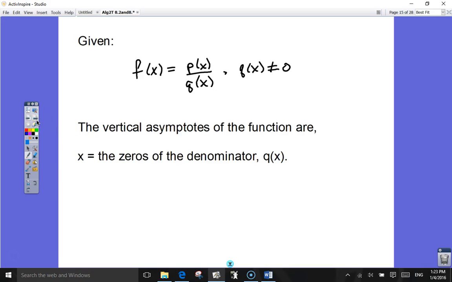The vertical asymptotes of the function are x equals, because it's a vertical line, x equals the zeros of the denominator. It's x equals whatever makes you divide by 0. Can't let that happen, so those are vertical asymptotes.